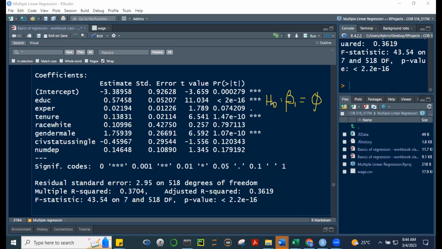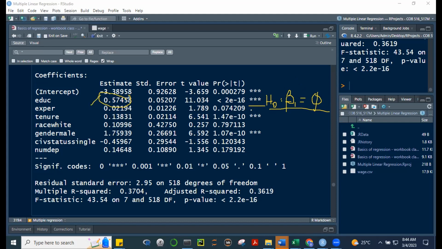So we're testing the hypothesis that the parameter for education is equal to 0. And here we reject that null hypothesis based on the p-value. We said that if the p is low, the null must go. So this one goes, we reject this. So there's strong statistical reason to believe that your parameter for education is a value that's non-zero. In fact, the average is 0.57.